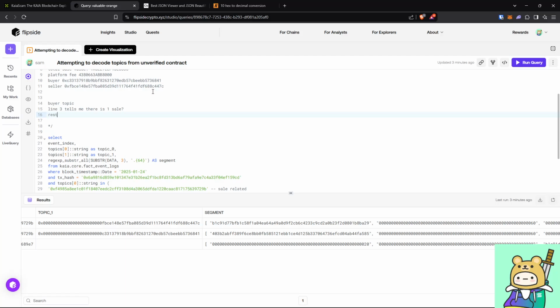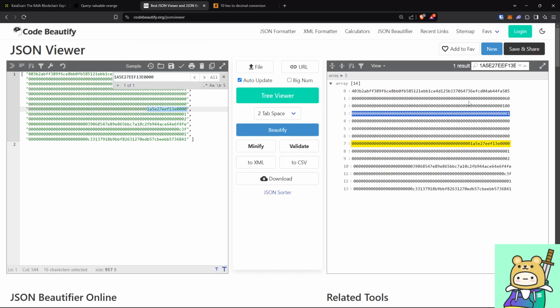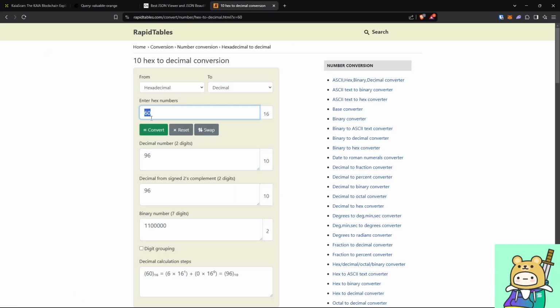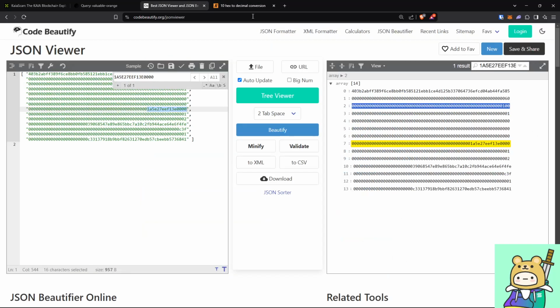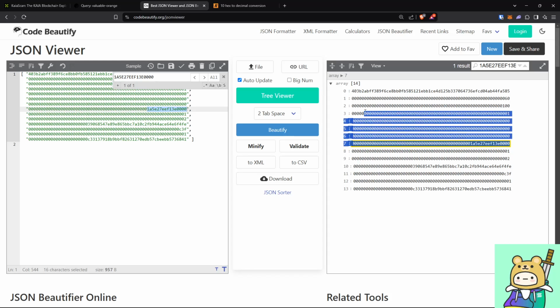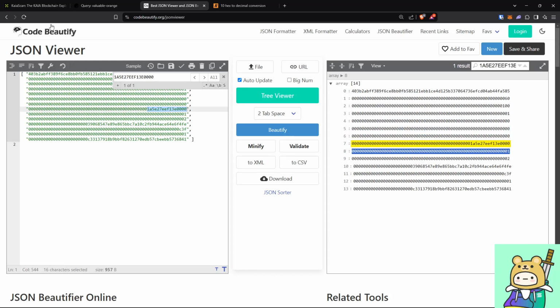And then the rest of the line represents the sale, perhaps. The second one is 100, so let's convert 100 to decimals, and 256 divided by 32 is 8. And so 8 would be 1, 2, 3, 4, 5, 6, 7, 8.